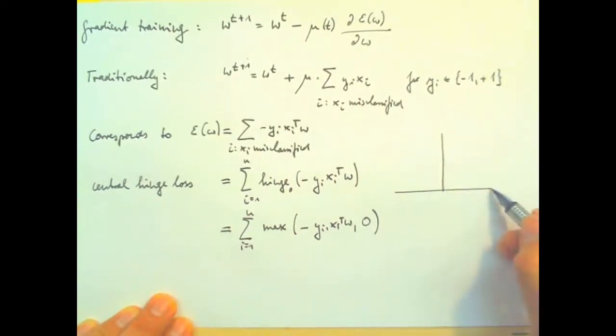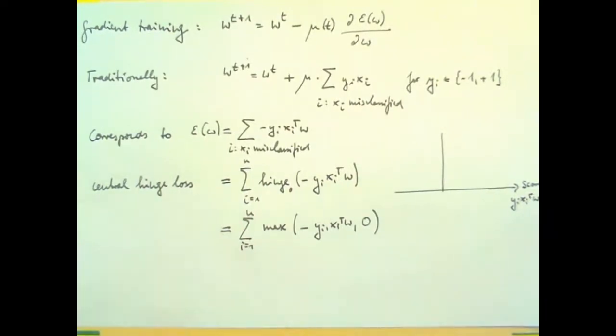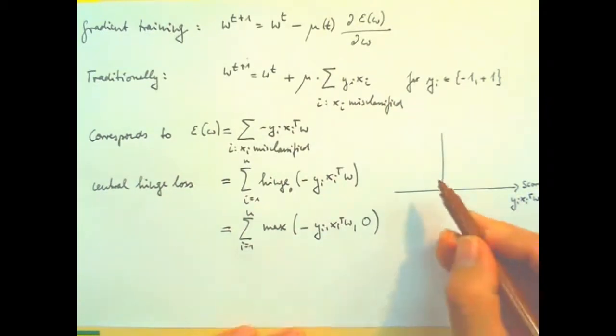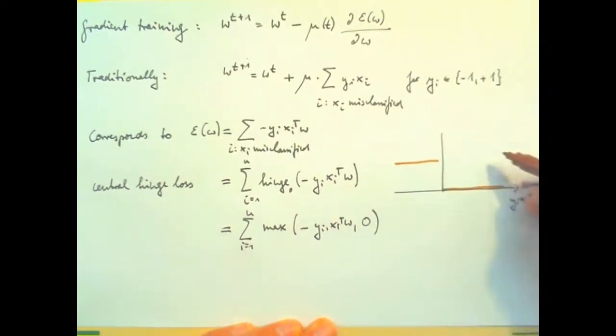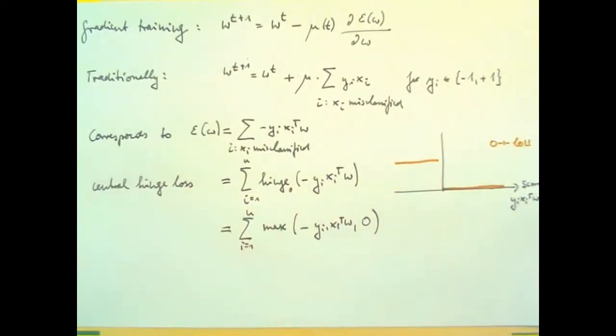So here is the score, the output of my perceptron. And again, the 0-1 loss looked like that. That was the 0-1 loss. And I can now use a different color to show the nature of the hinge loss.